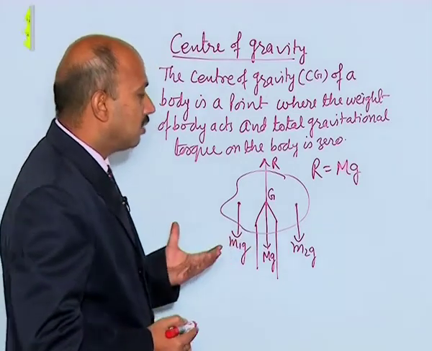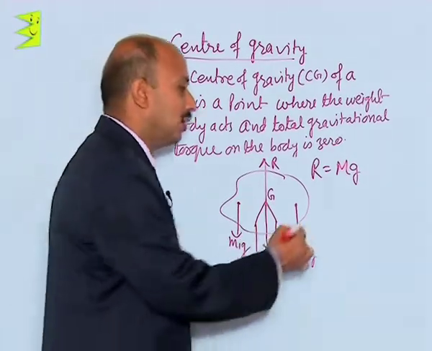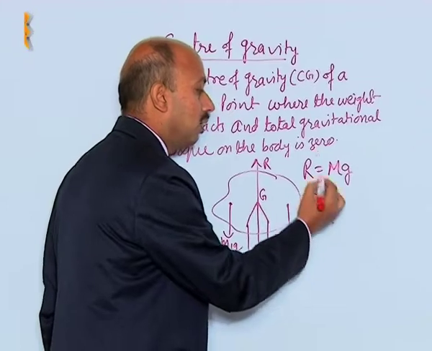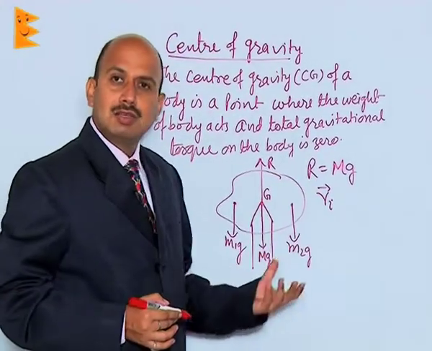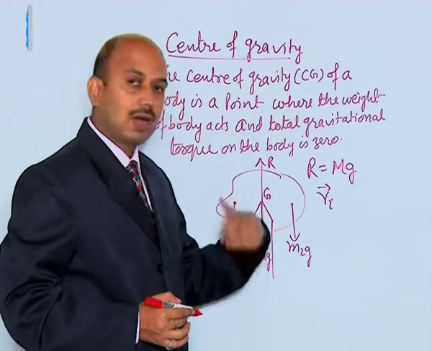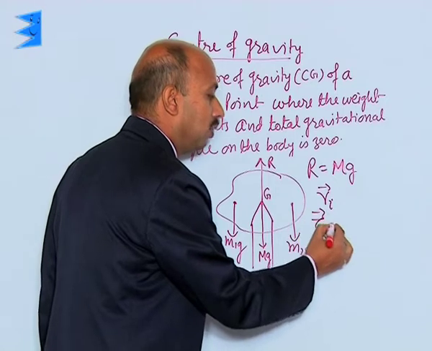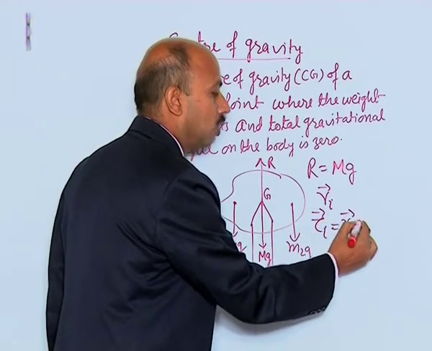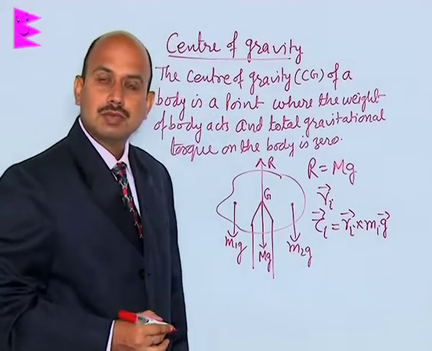So, for that, suppose there is any ith particle whose position vector is Ri with respect to the center of gravity, with respect to this point. So, there is any ith particle whose position vector is Ri. So, we can write torque i is equal to Ri cross Mig vector.